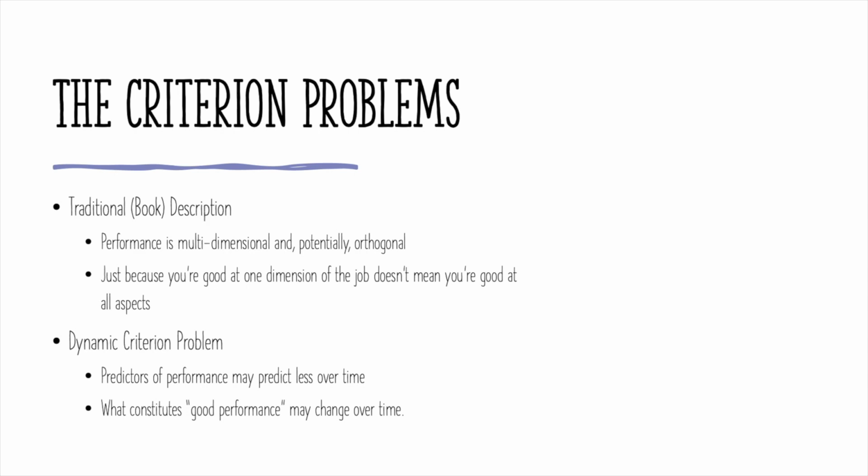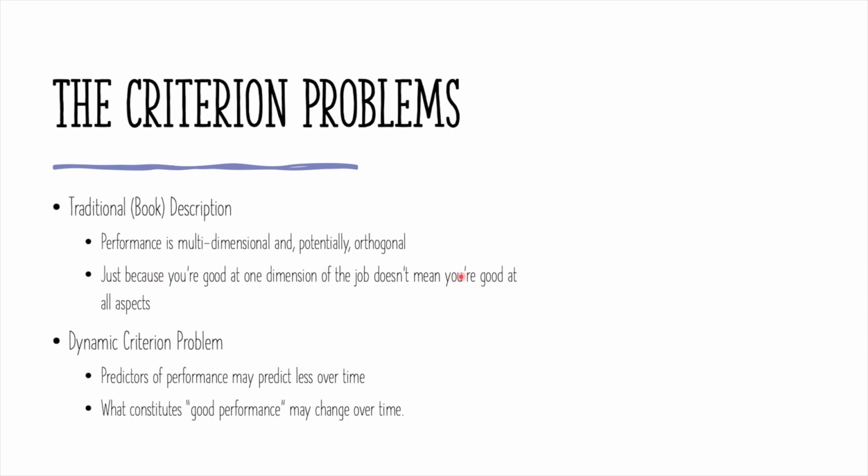So the first problem that we're going to be discussing now, the traditional way you think of the criterion problem, is that performance is a multi-dimensional construct, and these dimensions that you're getting at are potentially orthogonal to one another.